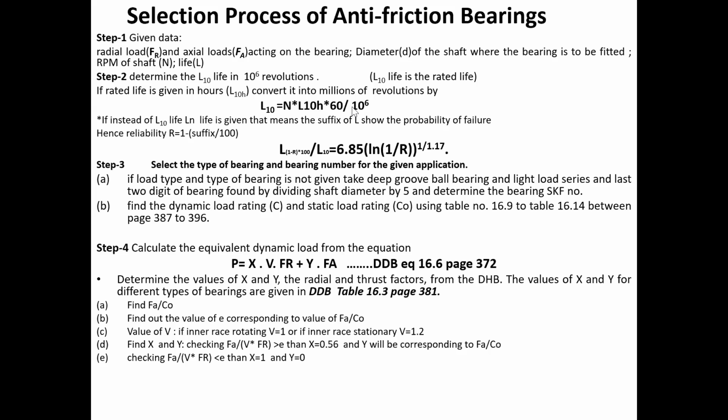If the rated life or the expected life is given in terms of hours, then it is called L10H life. Mind it, the definition of rated life corresponds to the life of apparently identical bearings which will show a certain number of revolutions with only 10% of failure from that group which we are testing.